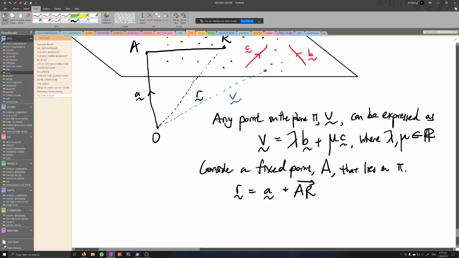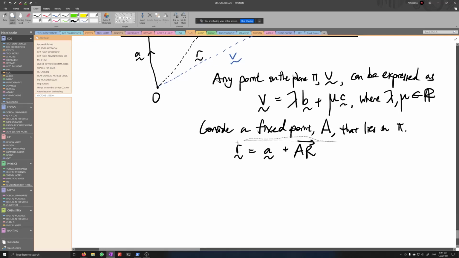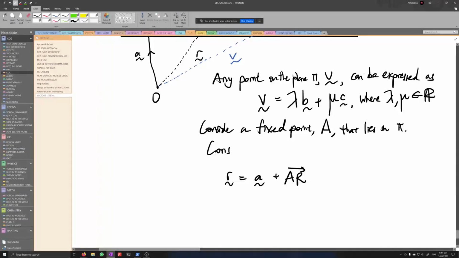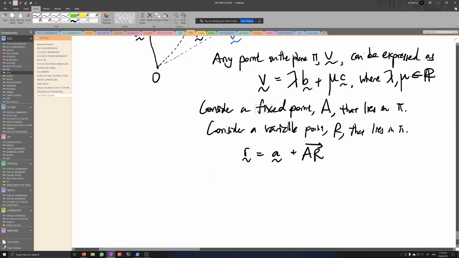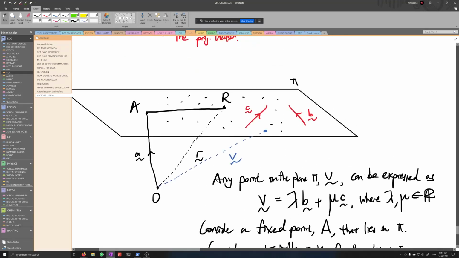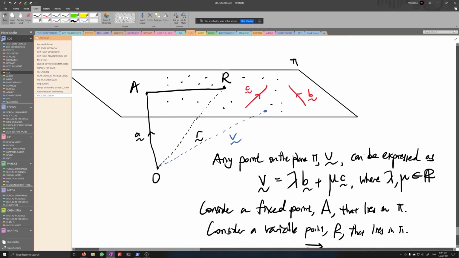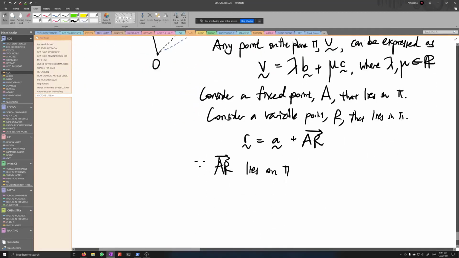Then consider a variable point that's capital R. Then you get this relationship. That one's simple enough. Then since AR lies on pi, because you can clearly see from this diagram, AR is also inside the plane pi.